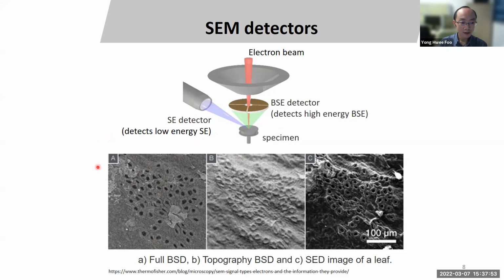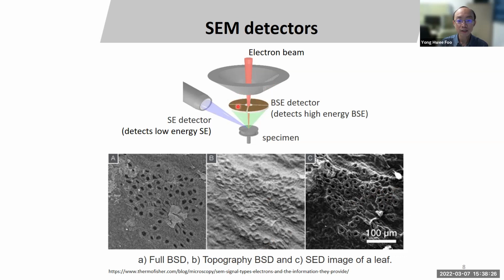If you look at image A here, which is an image from a BSD detector, it contains very little topographical information, compared to the secondary electron image here in C, where you can see all these different contours on your specimen. There's a technique called topography BSD, which is mainly done by shutting down part of the BSE detector.